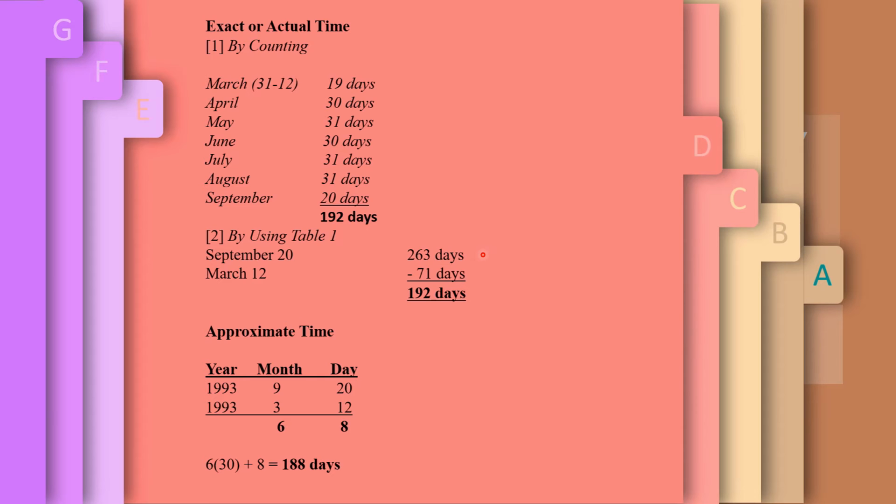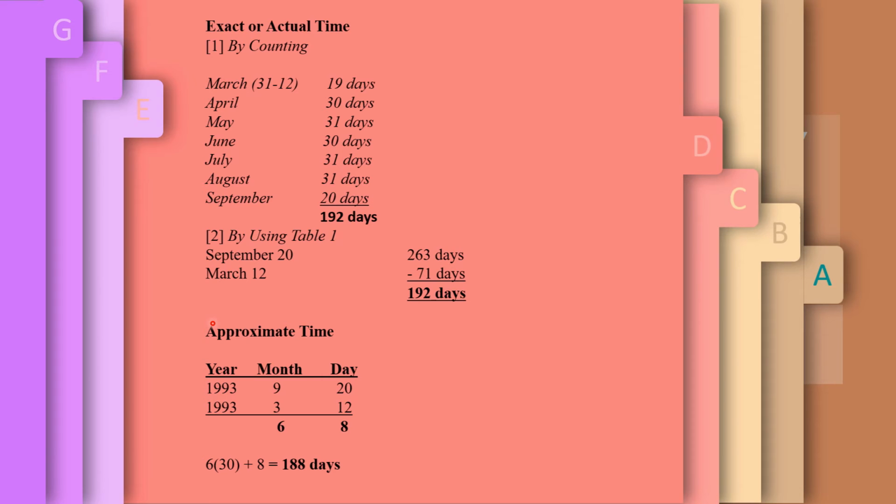And since January, February to March 11 is not included, we have to subtract the 71 days from that. So we have 263 minus 71 days is equal to 192 days, similar to the counting method.